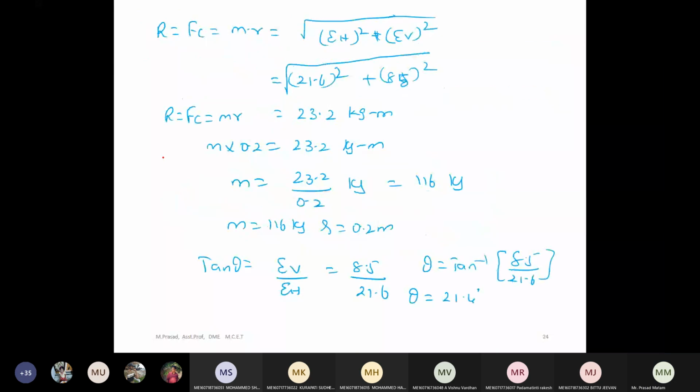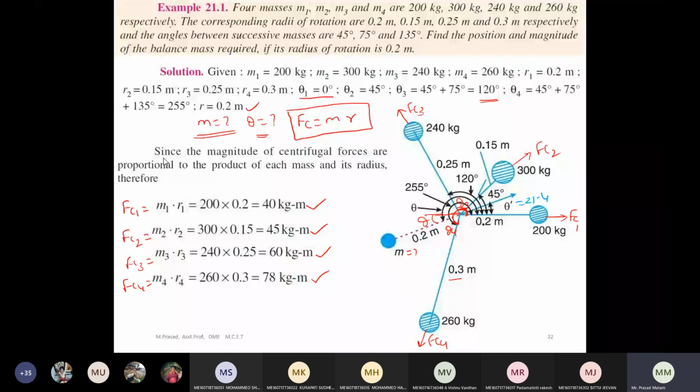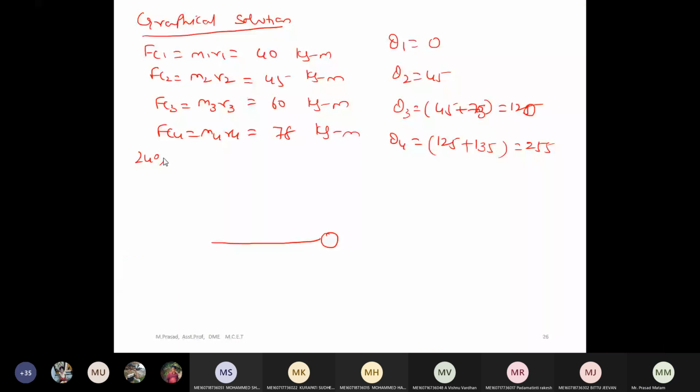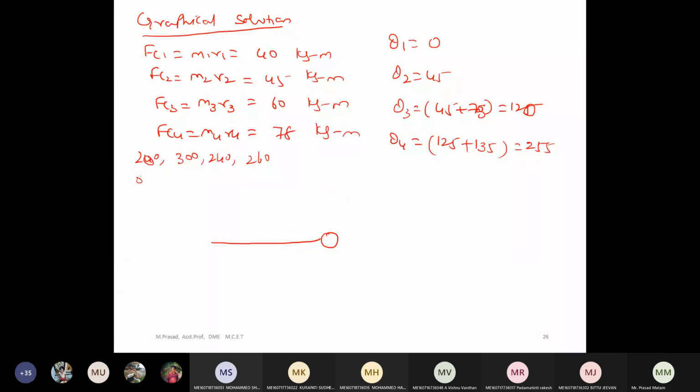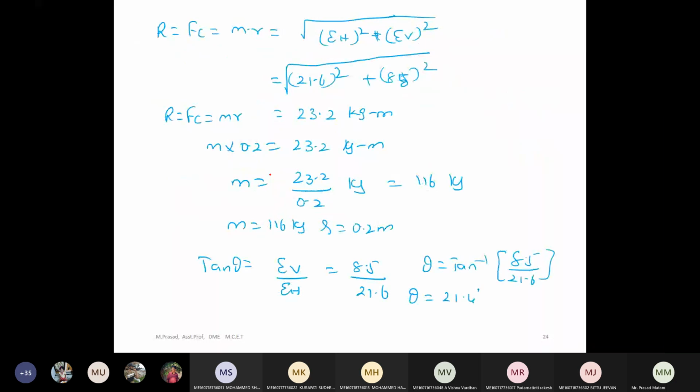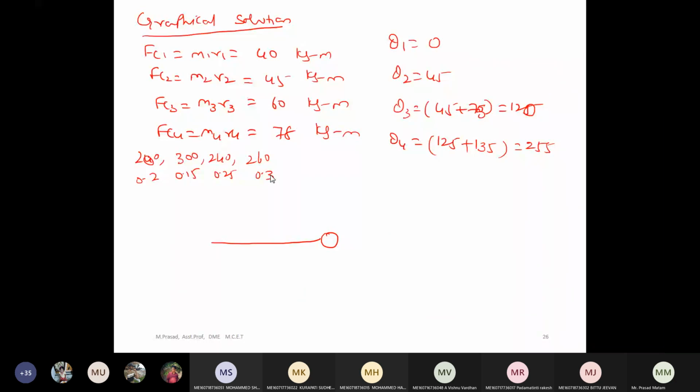The radii of rotation are 0.2, 0.15, 0.25, and 0.3. Okay, right.